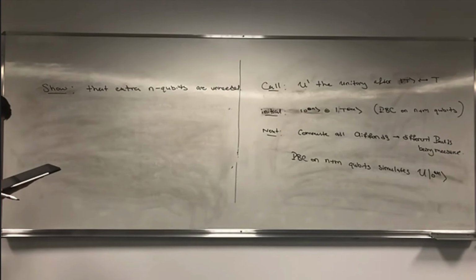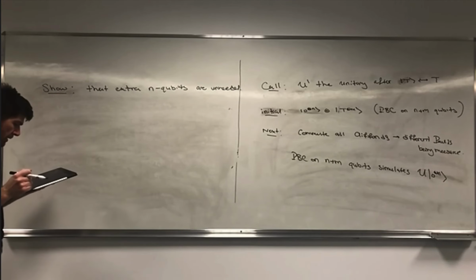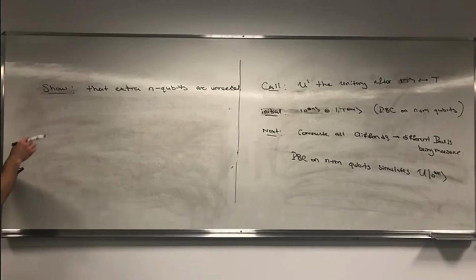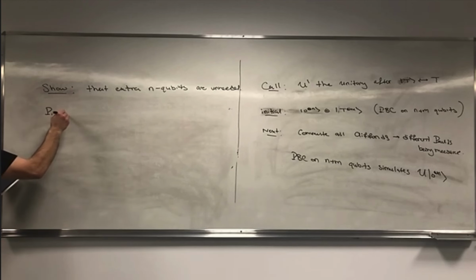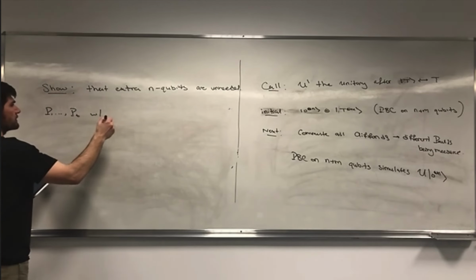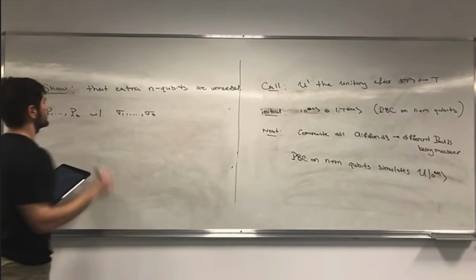Okay, so how can we do this? So first, the following. In our Pauli-based computation, we have a sequence of Paulis, P1 to PT, with outcomes sigma 1 to sigma t.